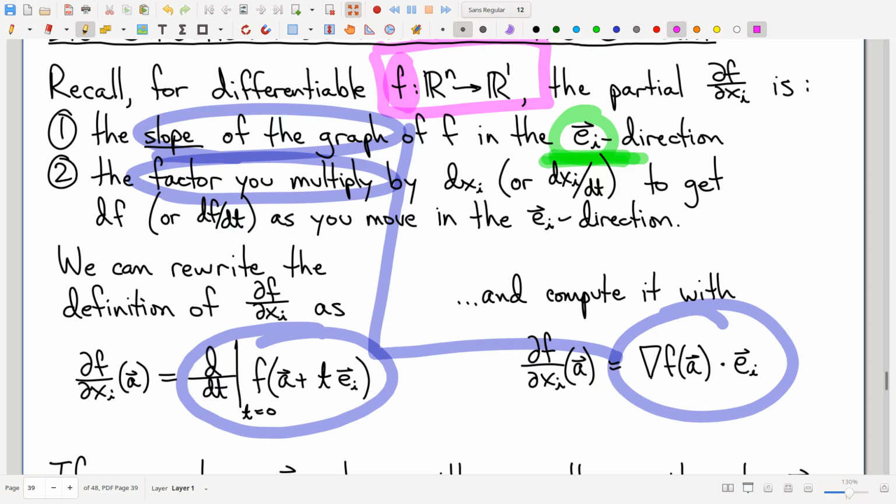How I choose to write that in coordinates is notation, really, more than anything else, right? So functions are functions of locations, ultimately, not coordinates. Coordinates are arbitrary and unnecessary.